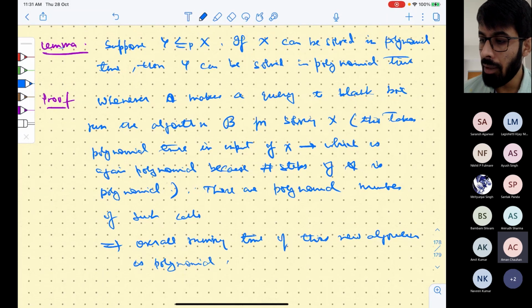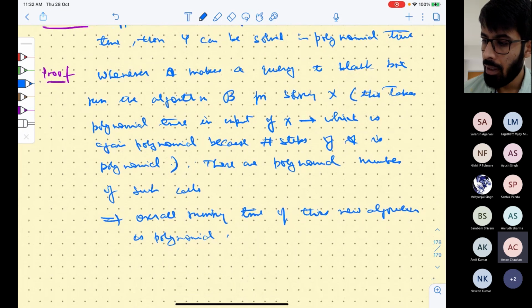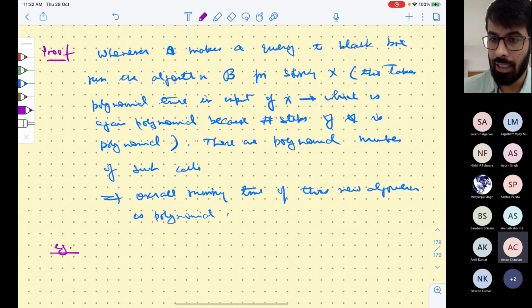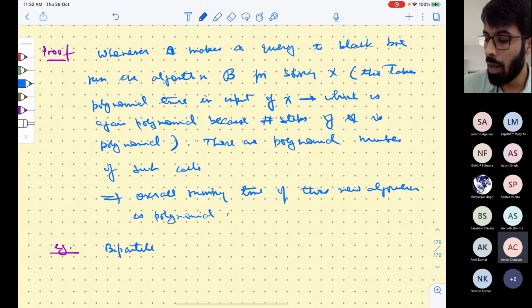Any other question about this lemma? So actually, we have seen these things somehow in action before, but not exactly like this. But again, let's look at the example of bipartite matching and max flow. So we can say that bipartite matching reduces to max flow, right?